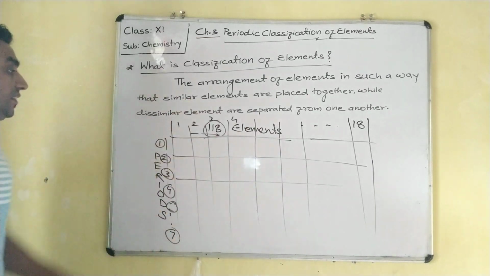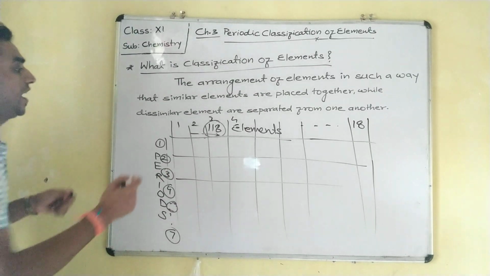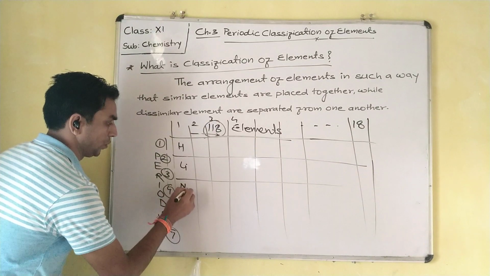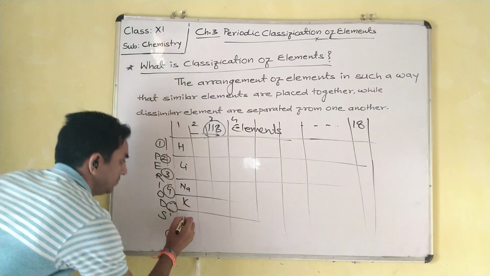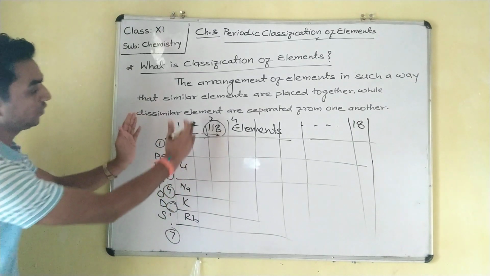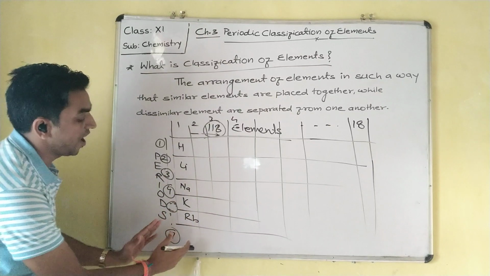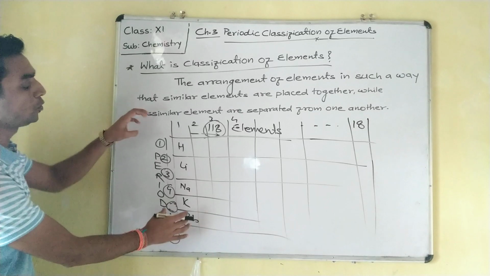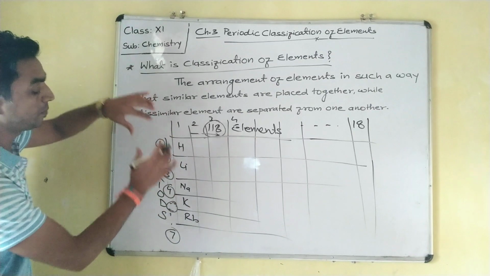In a group, similar elements are placed. Suppose in group 1: hydrogen, lithium, sodium, potassium, rubidium, and so on. All the elements in group 1 have similar properties. That means in each group, the elements have the same or similar properties.